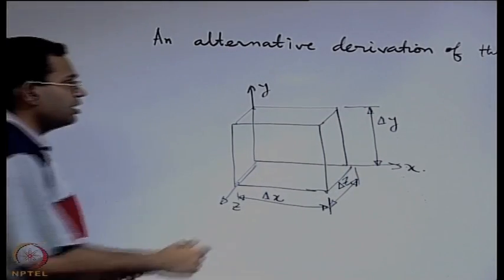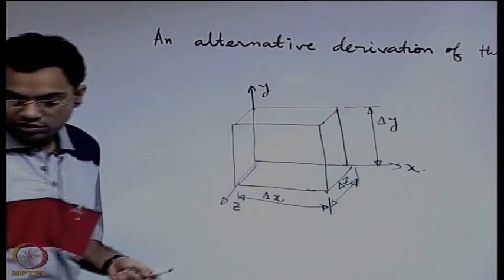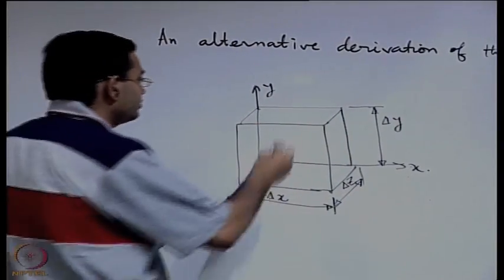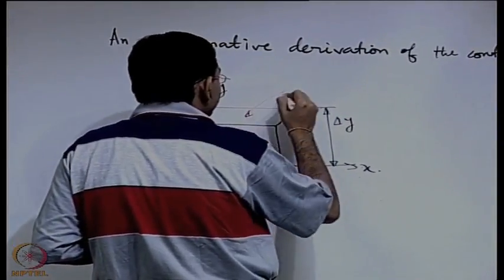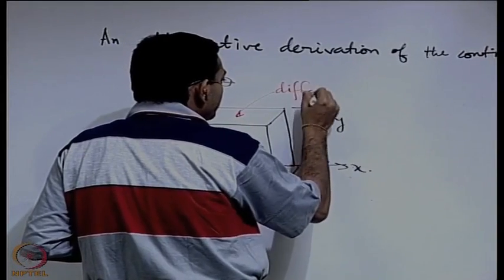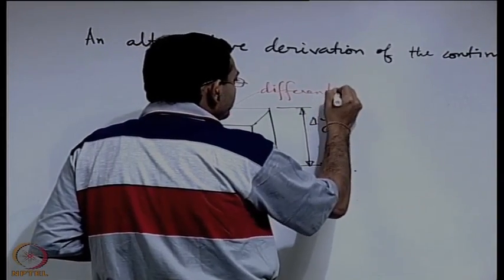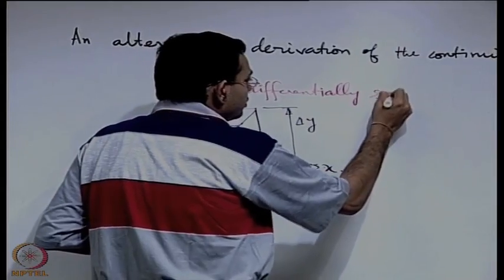So, this is a differentially small control volume, that is the entity.